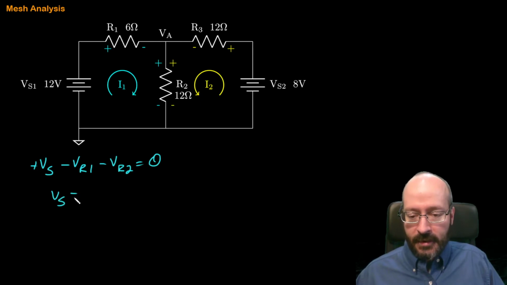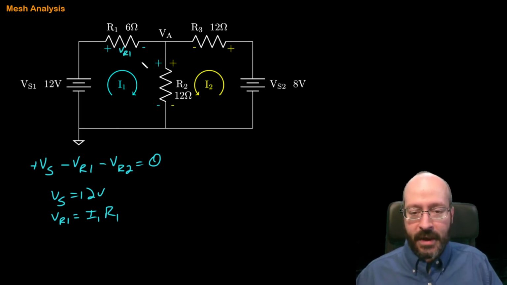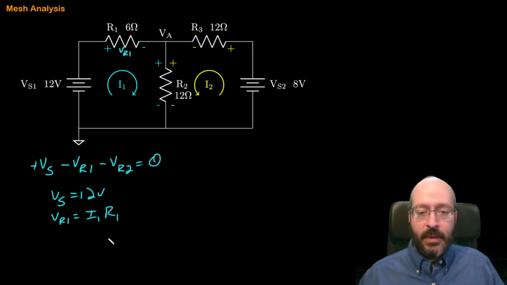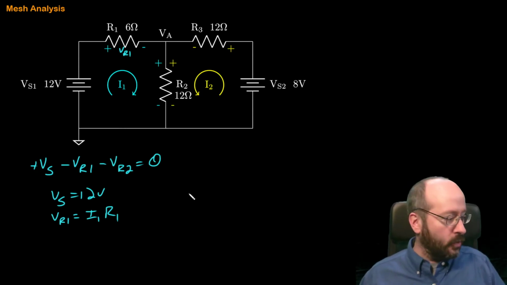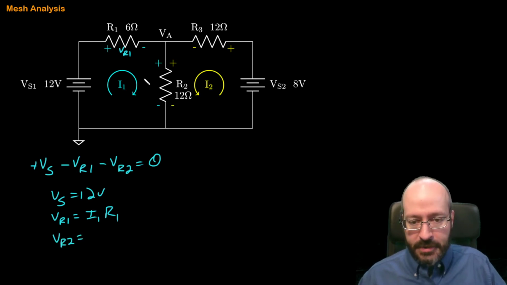VS is going to be 12 volts. VR1 is I1 R1. I2 doesn't touch it. I1 goes in the positive direction, and we multiply by R1 to make it a voltage. VR2 for this blue I1 mesh is over here.